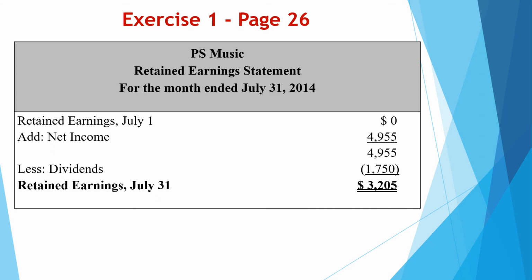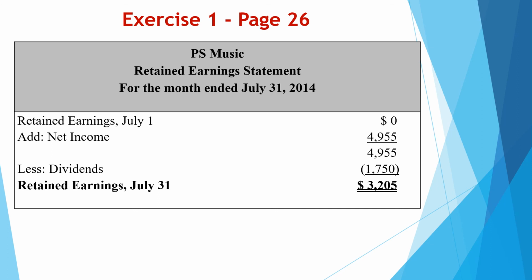So we have to follow the formula: retained earnings ending, meaning at the end of the month of July, equals retained earnings beginning, meaning retained earnings on July 1st, plus net income minus dividends paid. In this exercise, the retained earnings beginning on July 1st is 0 since it is not given in the exercise.